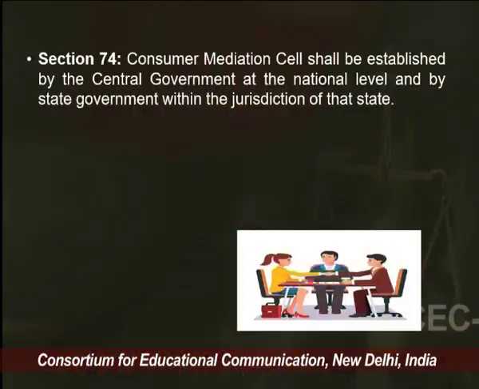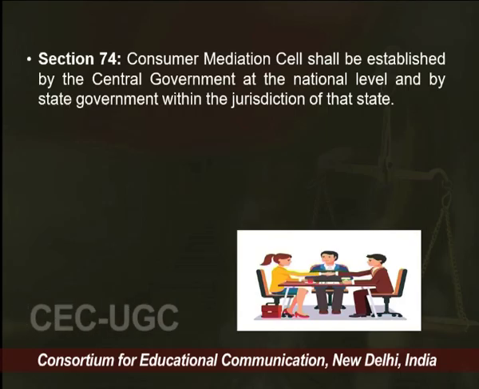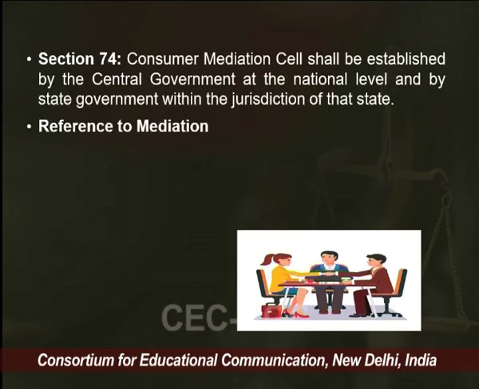Then it also talks about mediation, that as far as section 74 is concerned, mediation cells shall be established by the central government at the national level and by the state government at the state level.